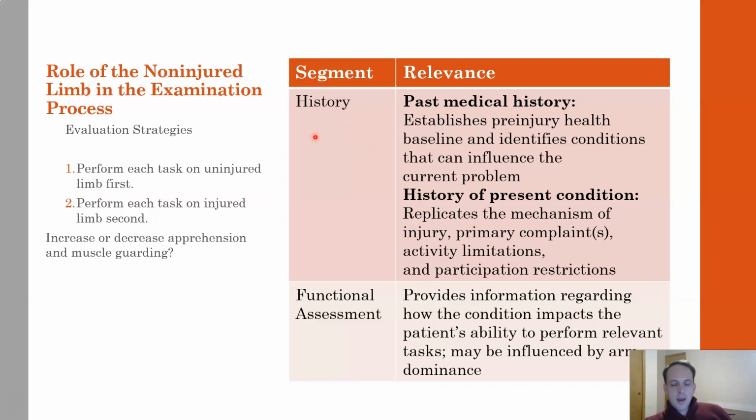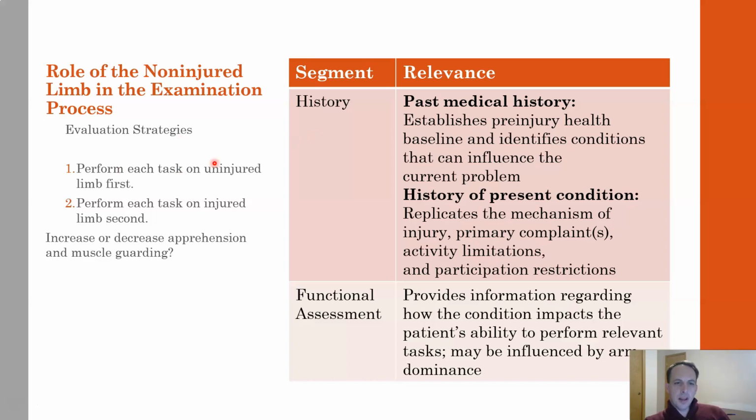Another area to consider when we're looking at the objective examination is the role of the non-injured limb. And basically with this, anything that you do on the involved limb, you should also do on the non-injured limb, thereby providing a reference with that.